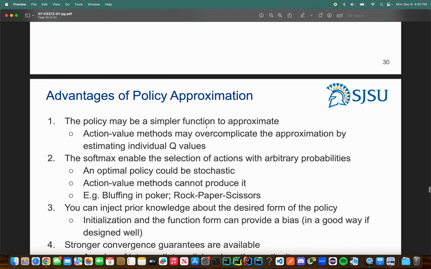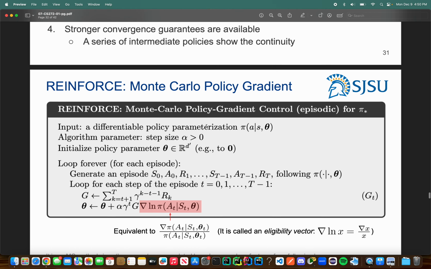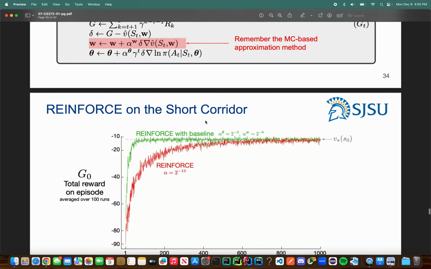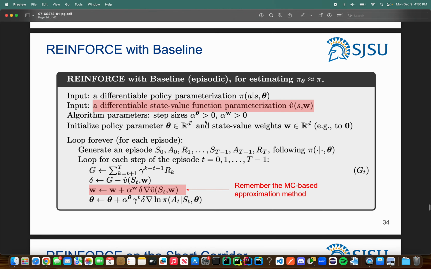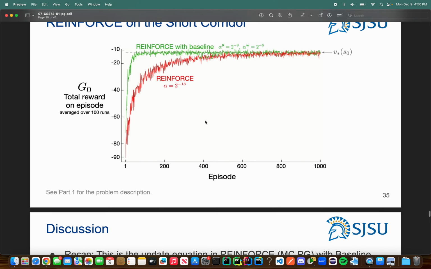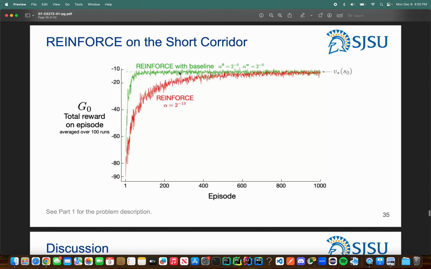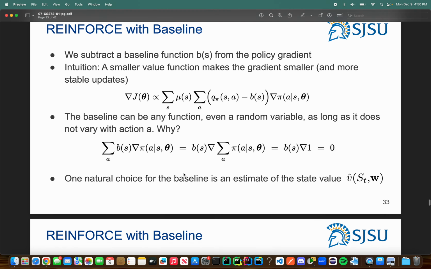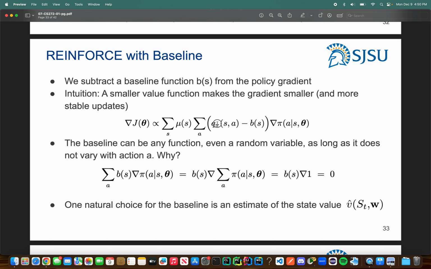But wait, isn't there supposed to be another improvement upon it? Is it the baseline? Yeah, they show you that with baseline it improves. With baseline you get that green curve up there. I don't remember why, but I do understand that baseline is basically modifying the values being added up right here.